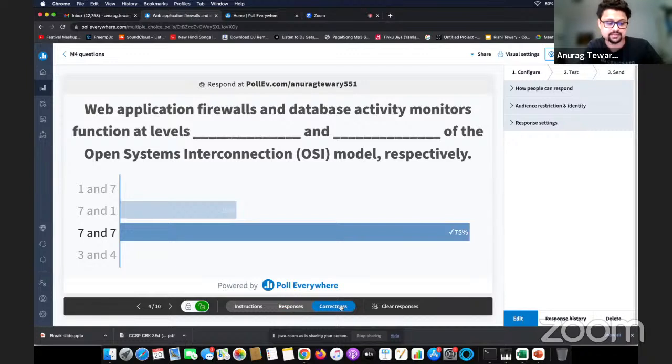It looks at the application layer protocols transmitted between the client and the server, and so does database activity monitoring. Database applications are essentially at that layer. So 7 and 7 is the right answer. All other answers are incorrect.